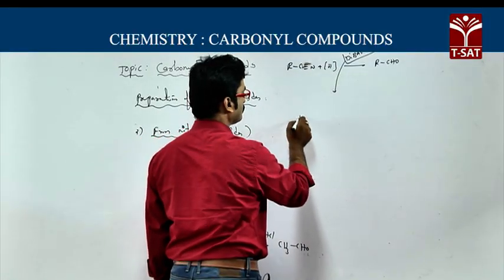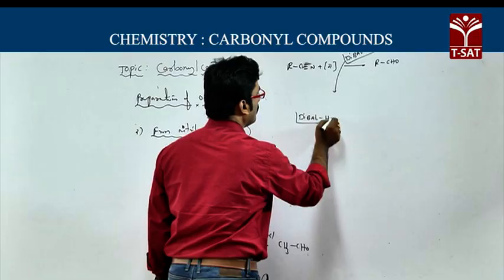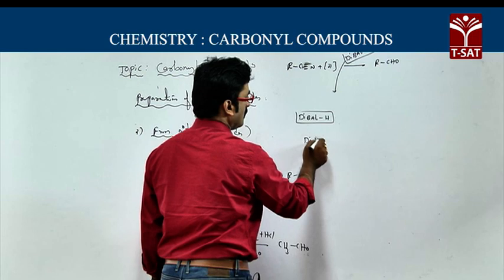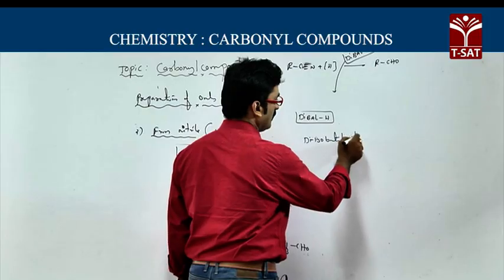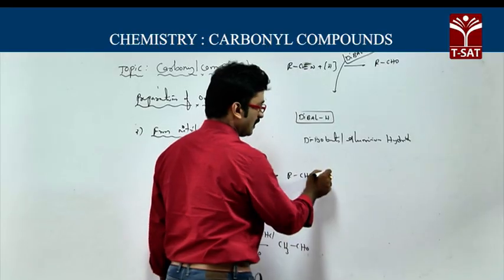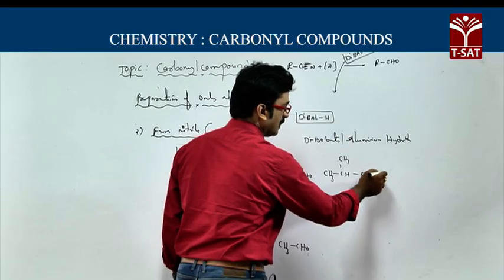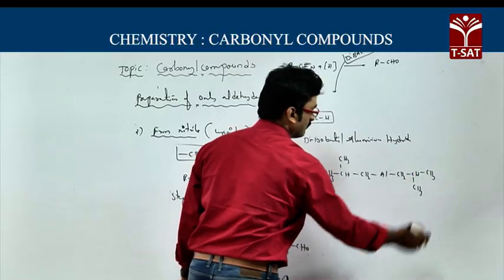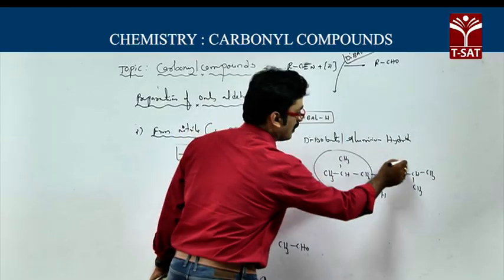DIBAL-H is nothing but di-isobutyl aluminum hydride. You can write it like this also: (CH3CHCH3CH2) Al (CH2CHCH3CH3) and hydrogen.